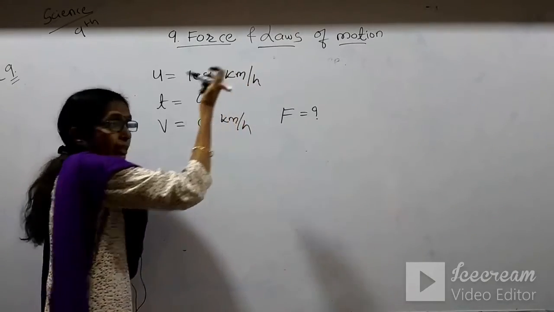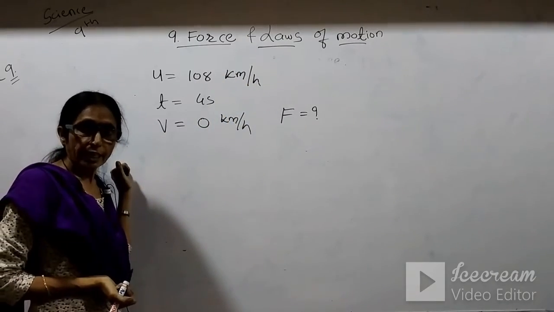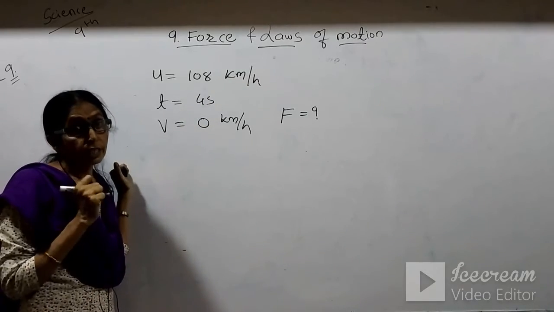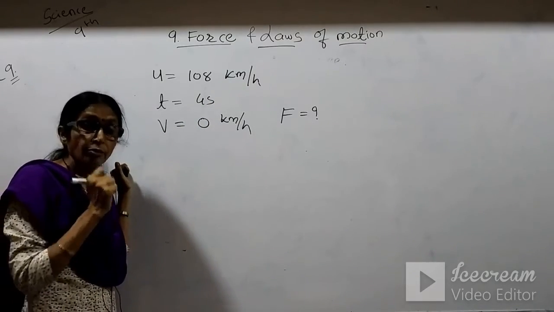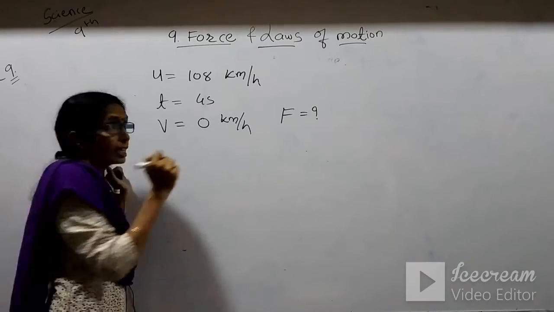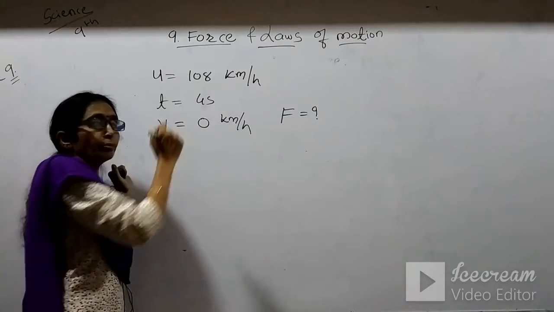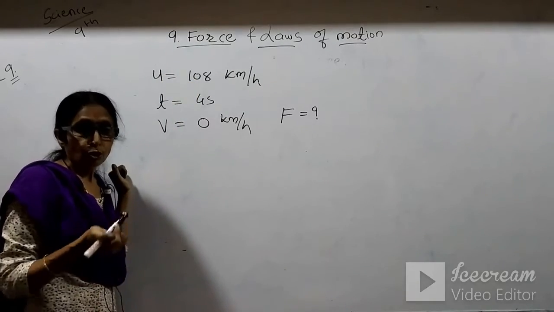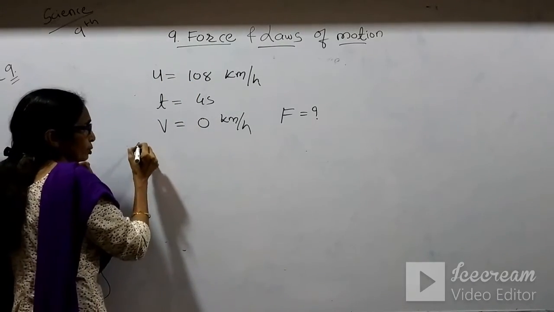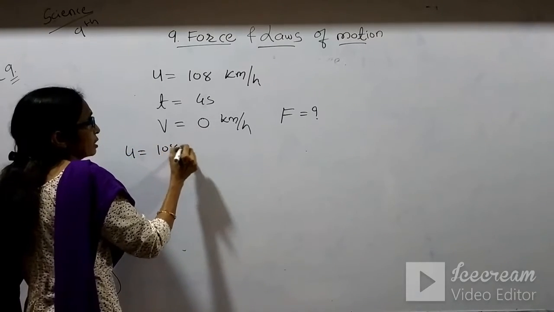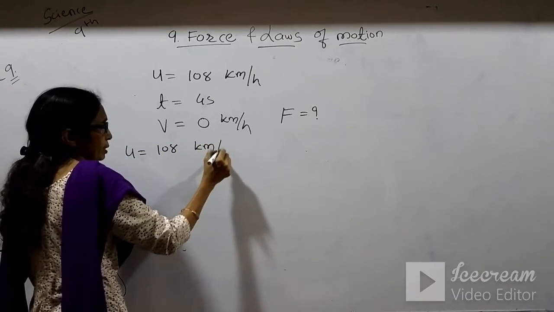Here the time is in hours and here the time is in seconds. So what is our first step? We should convert this hour into seconds and this kilometer into meter. So first of all, u is equal to 108 kilometer per hour.